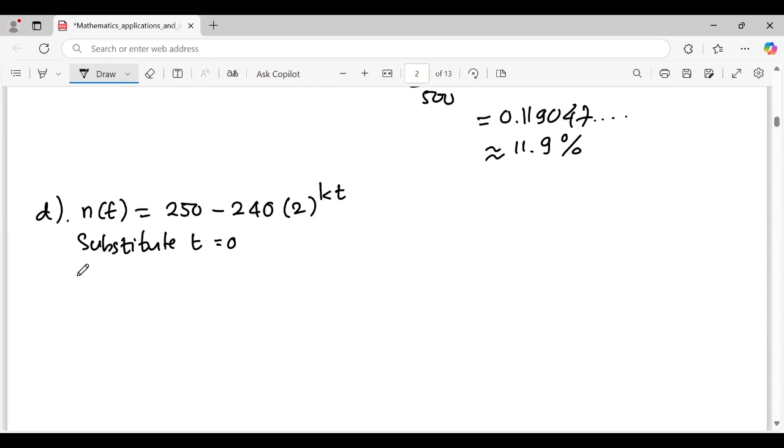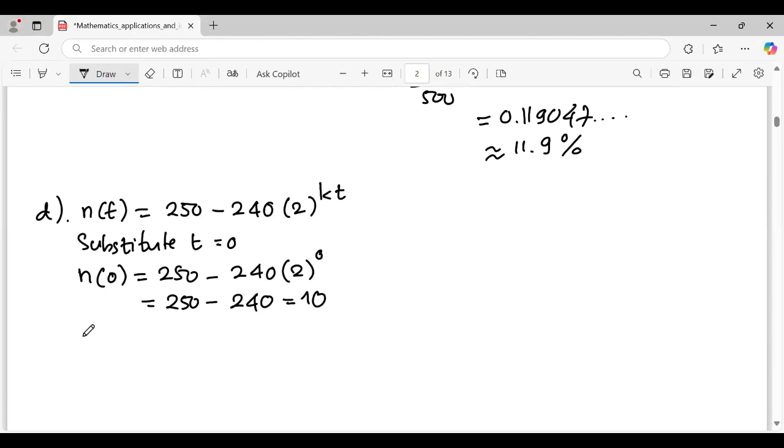So N(0) equals 250 minus 240 times 2 to the power k times 0, which becomes 250 minus 240, equal to 10.